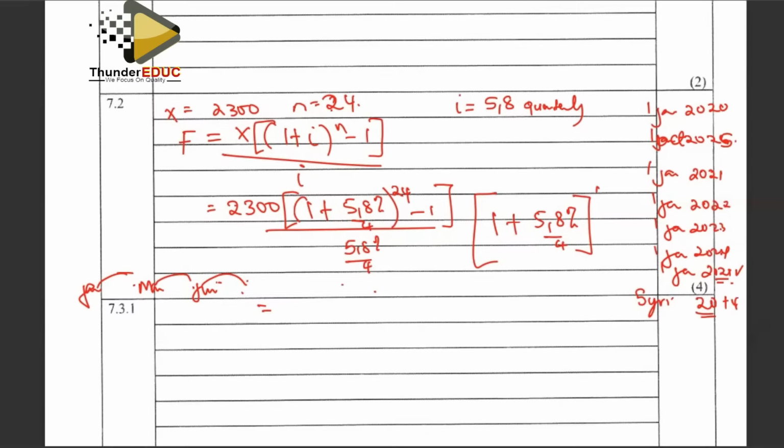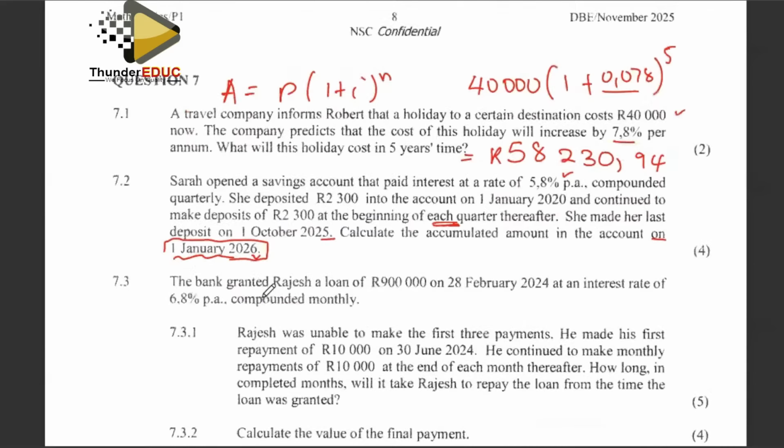Then I need to multiply by 1 plus 5.8% over 4 to the exponent of 1, because we are approaching another quarter. So the total I'm getting is 66411.595, which is like 60. So that is what I obtained. I don't know what you guys have on your side.